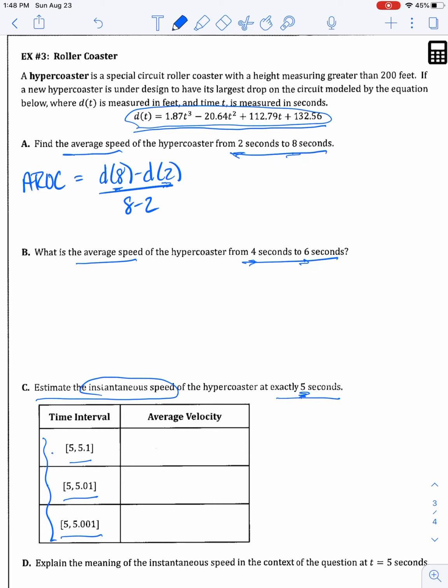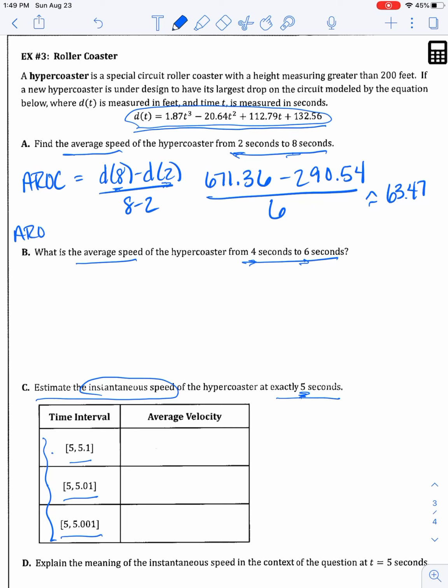So I'm just going to tell you what those values are. 671.36 is your d of 8, and 290.54 is your d of 2, and then 8 minus 2 is 6, and that's going to give you approximately 63.47, approximately because we are chopping off some decimals.